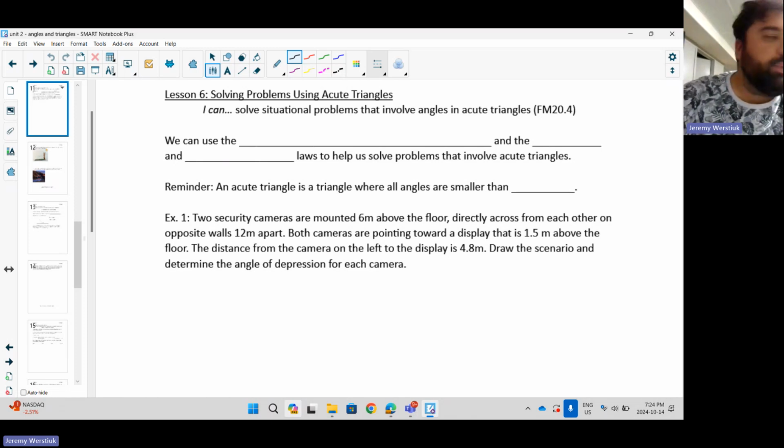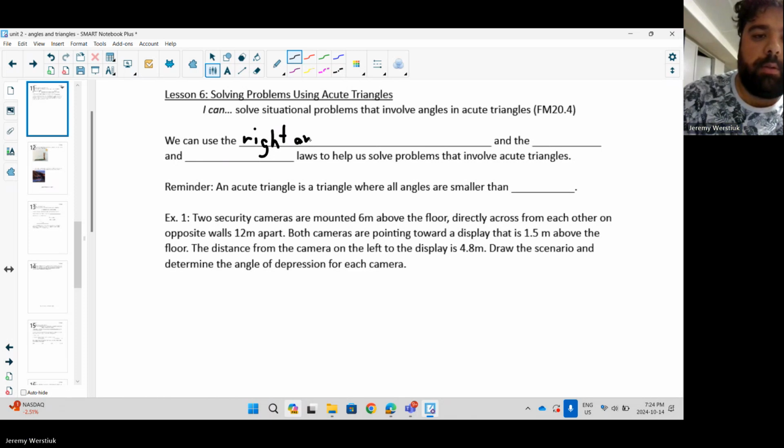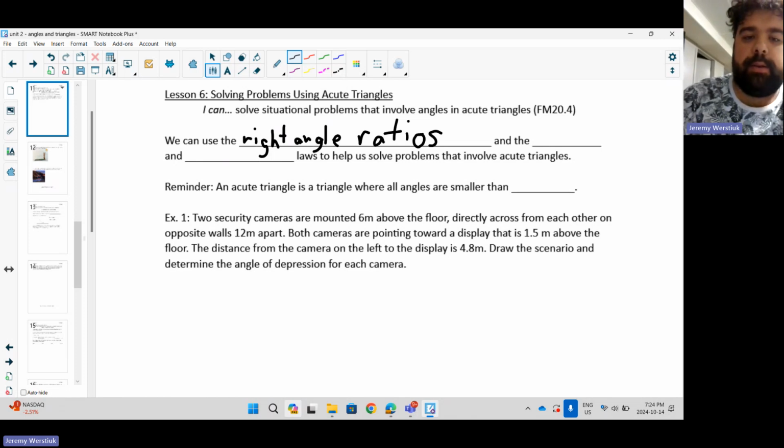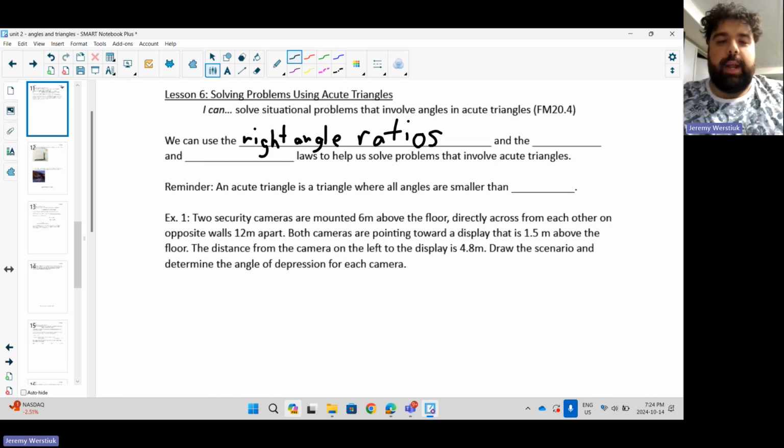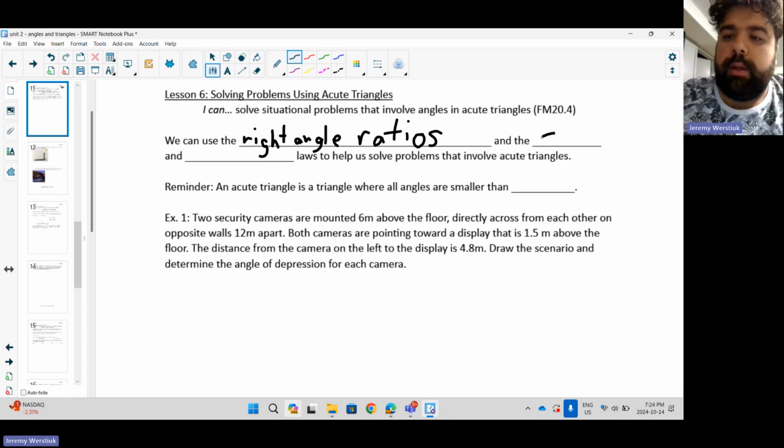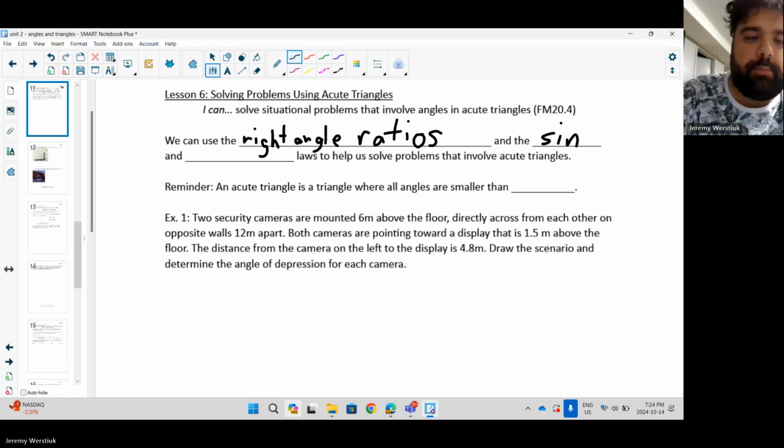So we can use, like I said earlier, the right angle ratios. So that's your sine, cos, and tan, right? If you have a right angle, you could do sine of an angle, cos of an angle, or tan of an angle, as well as what we learned a little bit earlier this unit, the sine law and the cosine law.